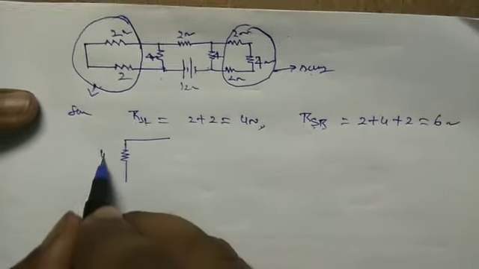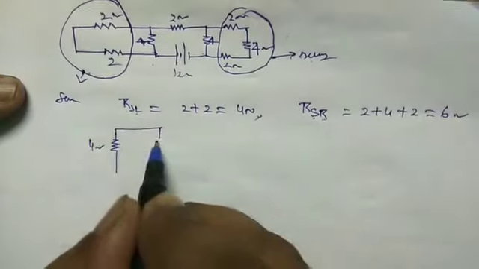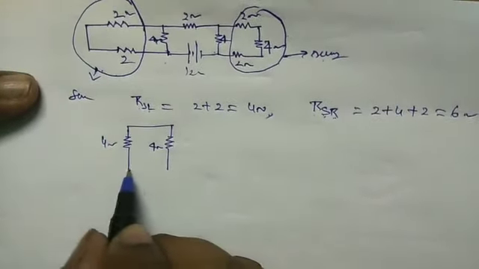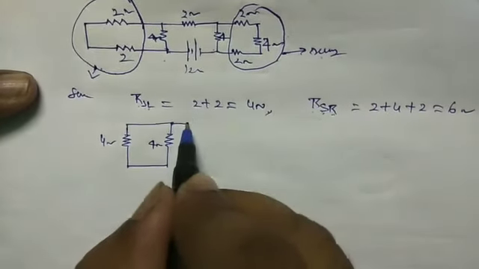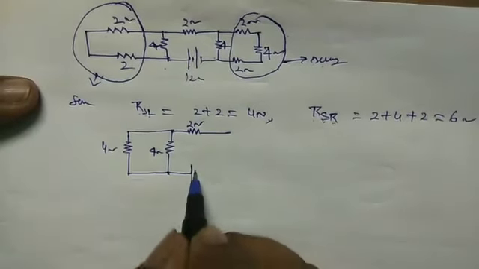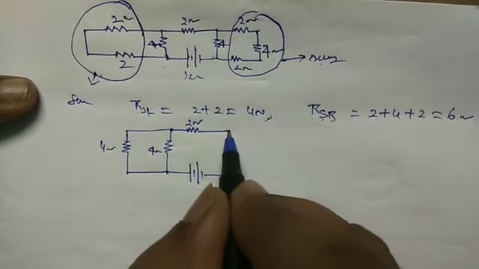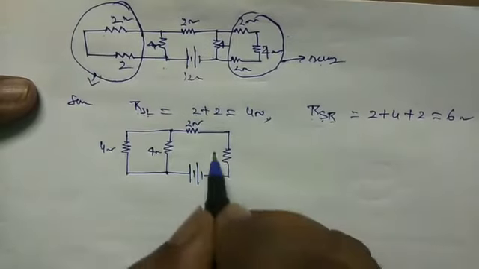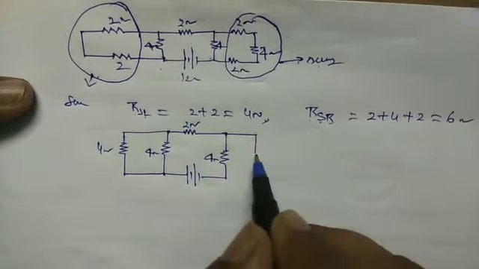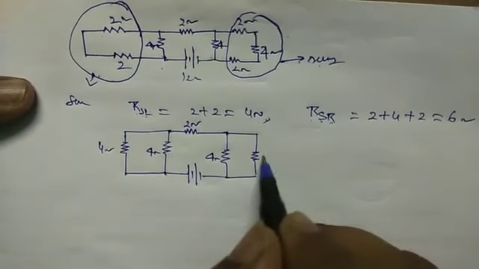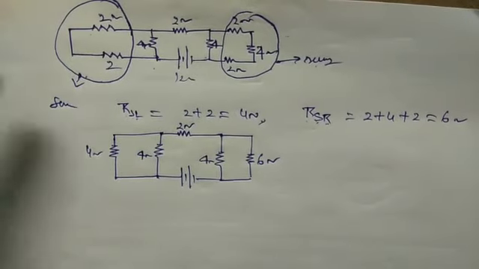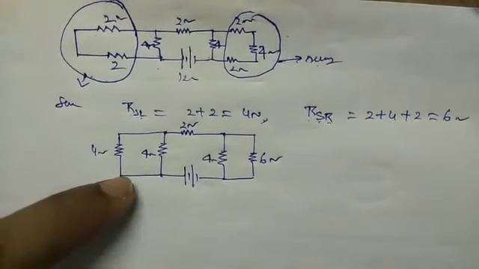So now here 4 ohms and this one also 4 ohms, and this is 2 ohms, and this is a battery, and this is 4 ohms, and this is 6 ohms. Clear? So the circuit is resolving like this.